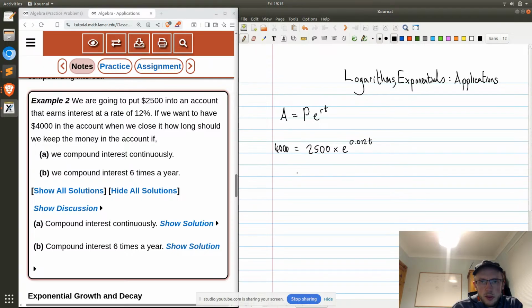And then what I will do is I will divide both sides by 2,500. So I get 40 divided by 25, which is 8 over 5, which is 1.6. So there. Common logarithm on both sides. Both sides over 0.012.